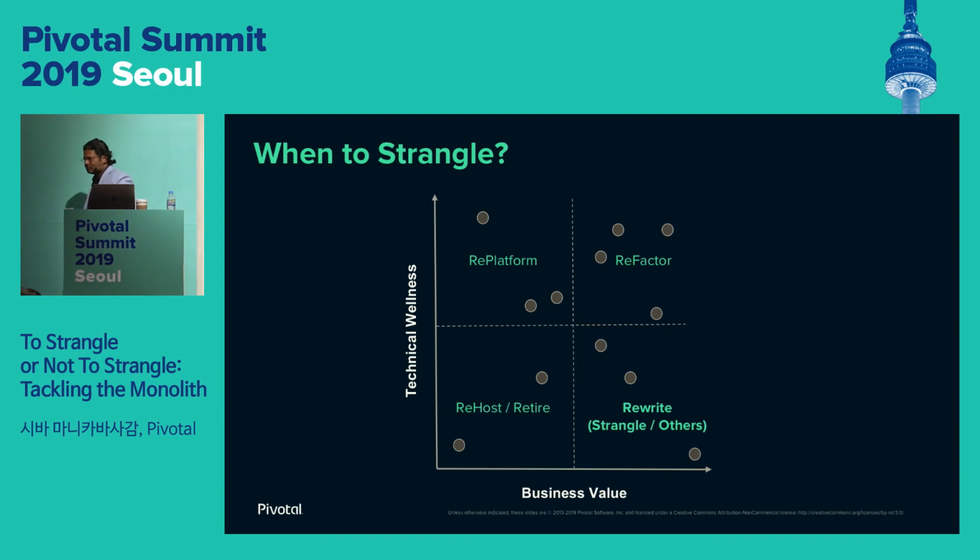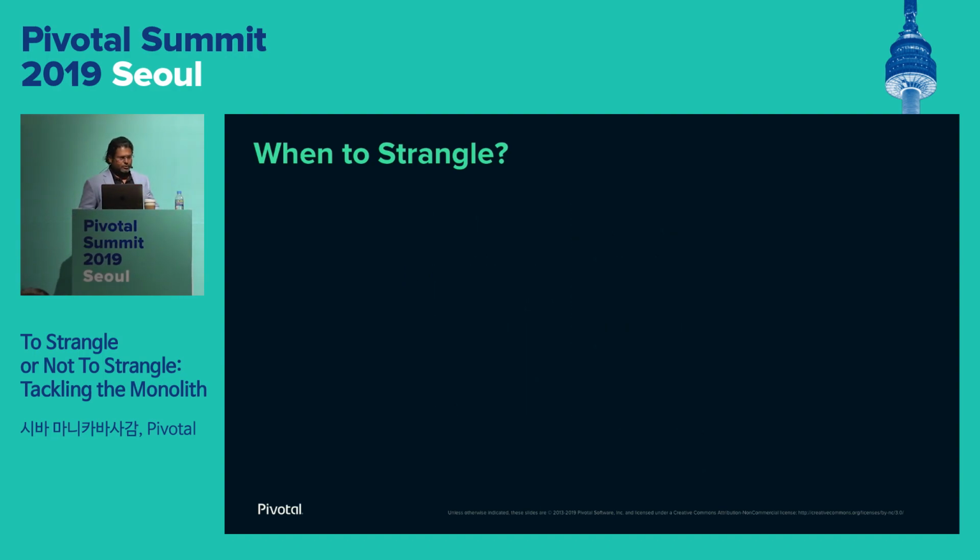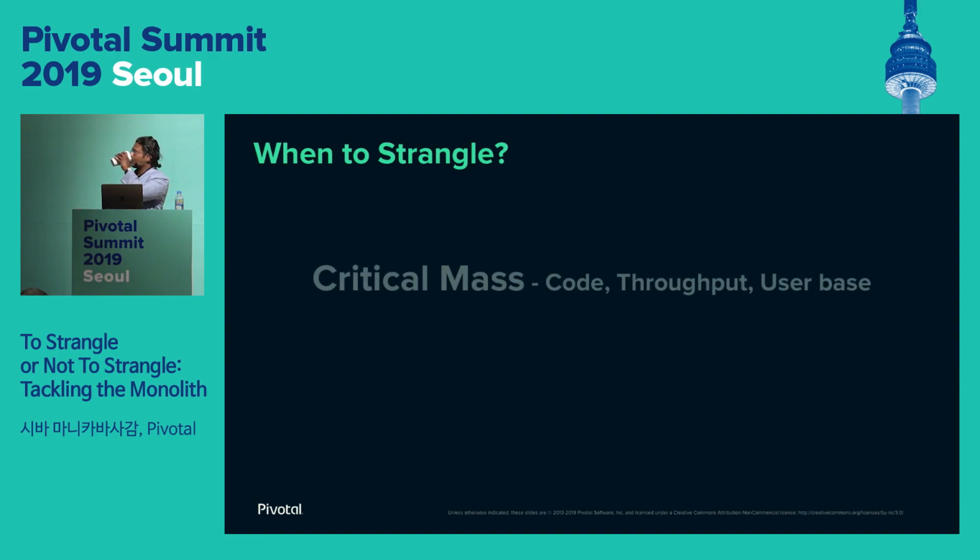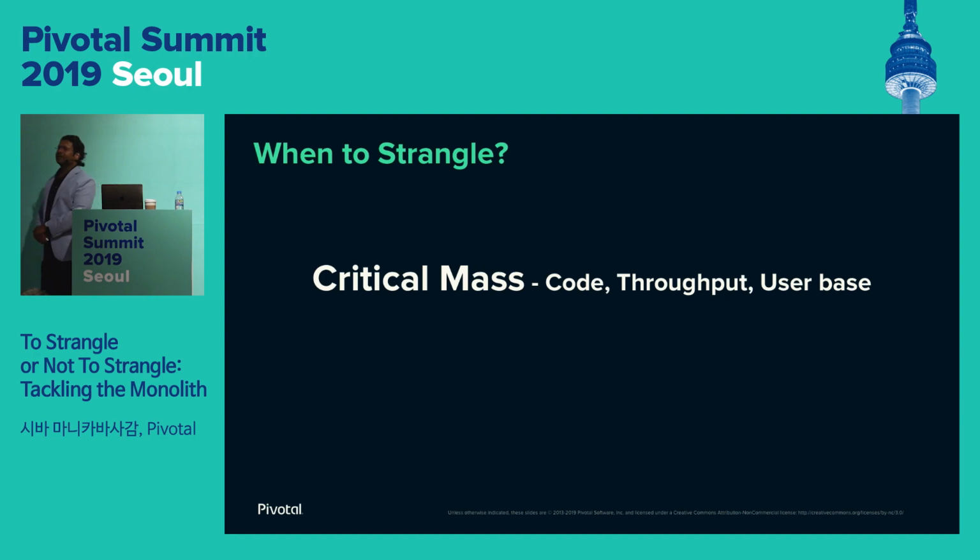So when do we strangle, right? And when do we sort of do a Big Bang rewrite? One key factor is critical mass. Do you have the size of a monolith that is big enough to cause high risk if you were to change it in one time?